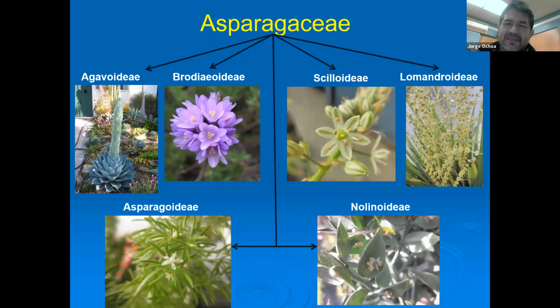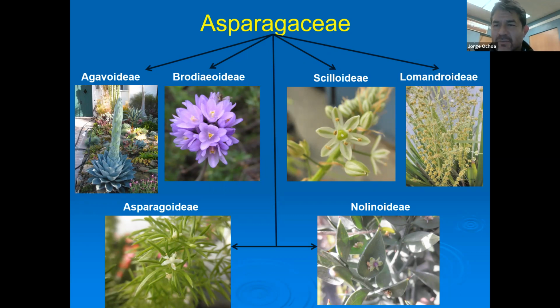The Asparagaceae, or the asparagus family, is a relatively new family. With the new work on genetics, they have made it a lot bigger. So in the old days, many of the plants, including the Agavoideae, which is now a subfamily, were a family of their own, but through all this new work, they have been placed under Asparagaceae.